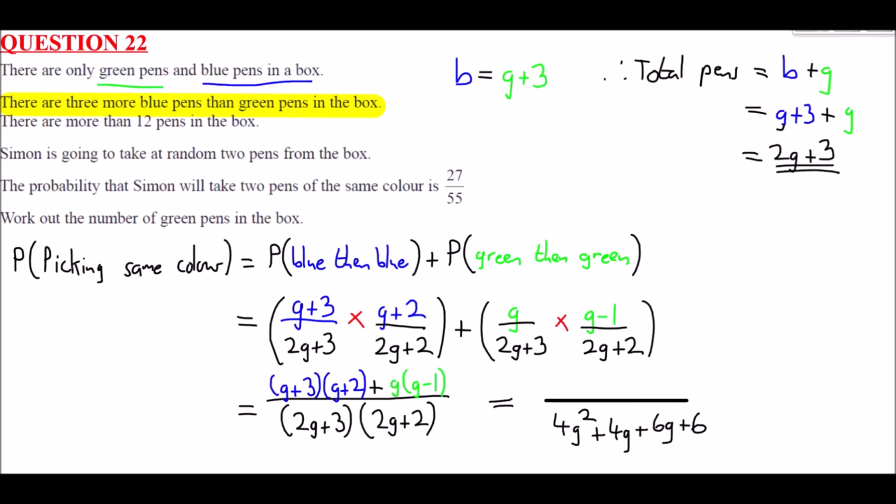And on the top, if we expand all this out, G times G for the blue gives us G squared. G times 2 is 2G. 3 times G is 3G. So in total, we're going to get 5G. And 3 times 2 is 6. And over here, for the greens, G times G gives us G squared as well. And G times minus 1 is minus G.